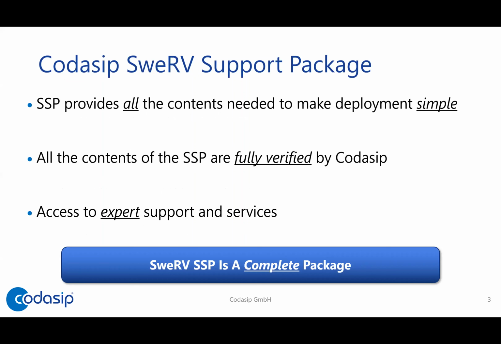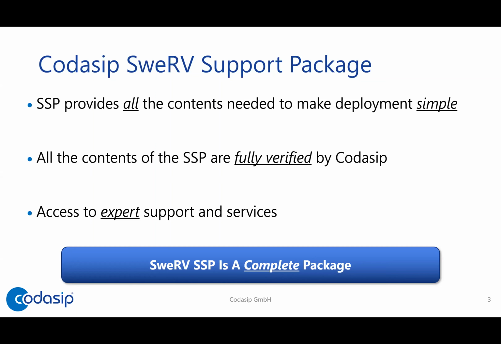And the best part is that the SSP has been fully verified by Codasip, so you know that it's ready for commercial use. It includes a complete, easy-to-use design flow, enabling support for multiple EDA tool vendors, and it's developed to automatically include all the additional dependencies required based on your configuration choices. It includes comprehensive documentation, which can help you get to market faster.